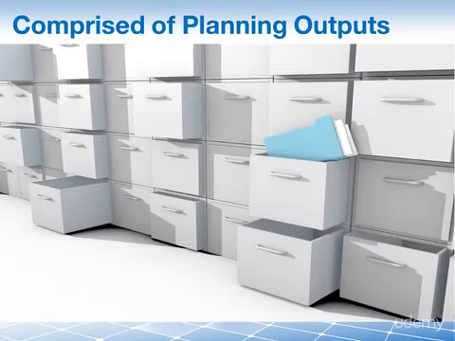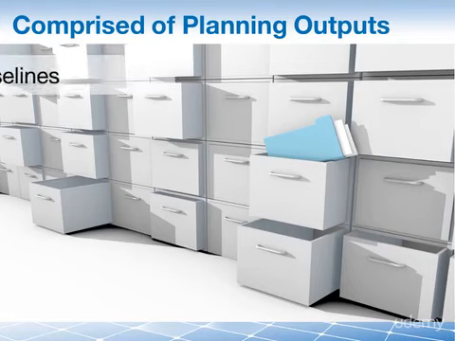The largest and therefore definitely also the most important input to this process are the outputs from other processes. What is meant by this is, of course, that the various planning processes from cost planning, time planning, scope planning, and all the other knowledge areas are going to produce documents that we can use as the basis for creating the project management plan.